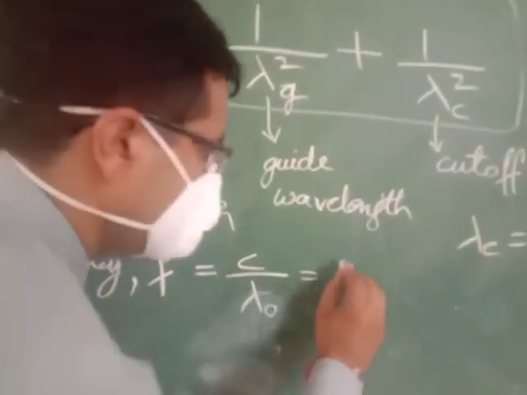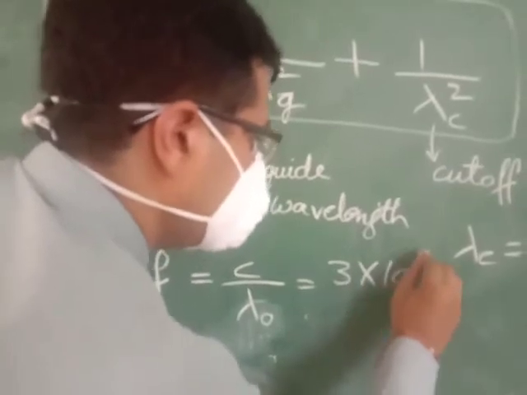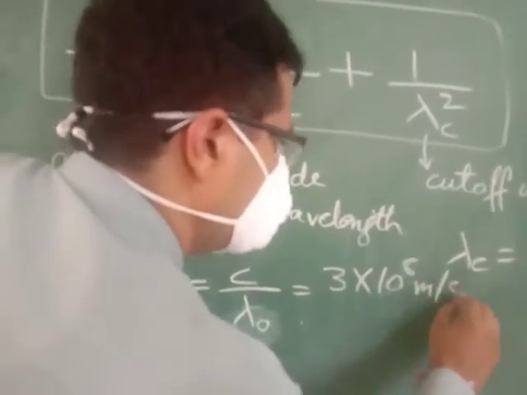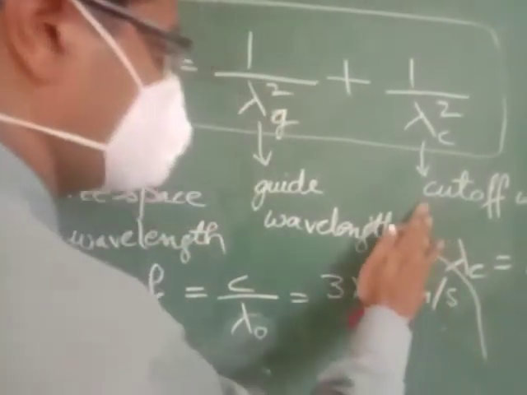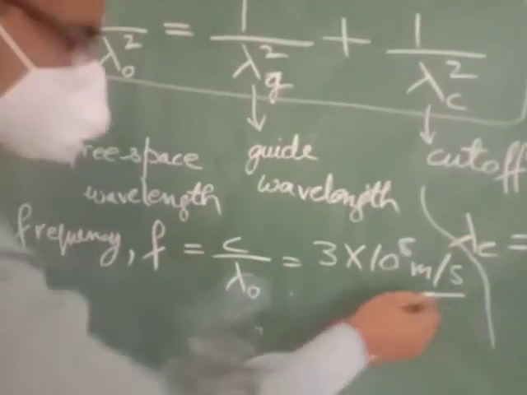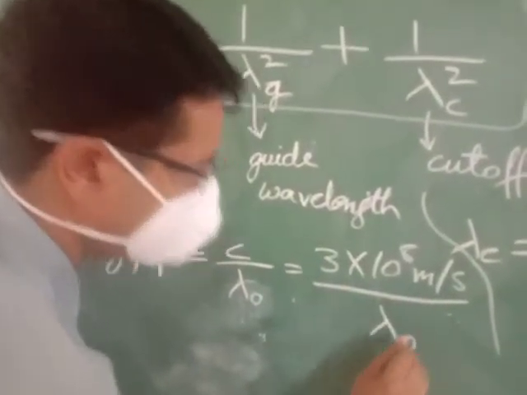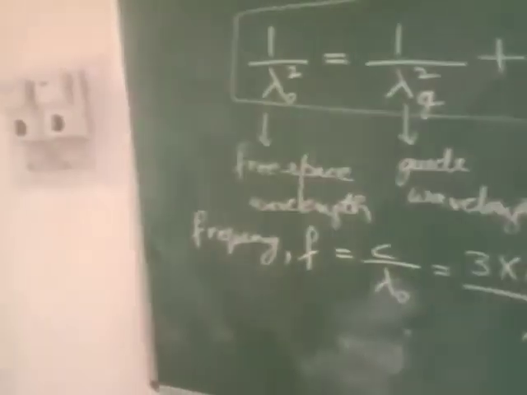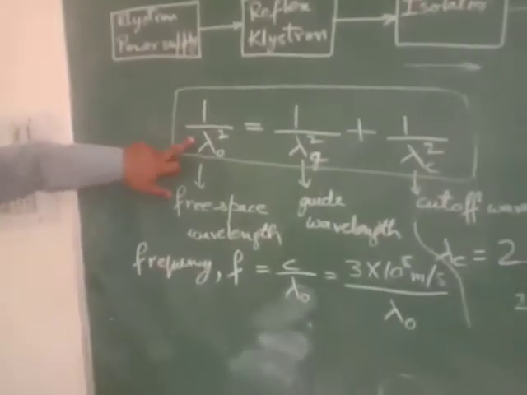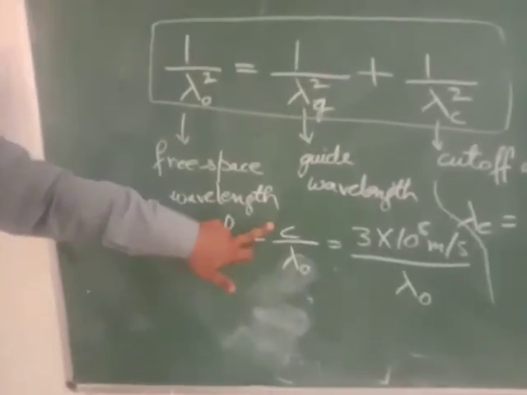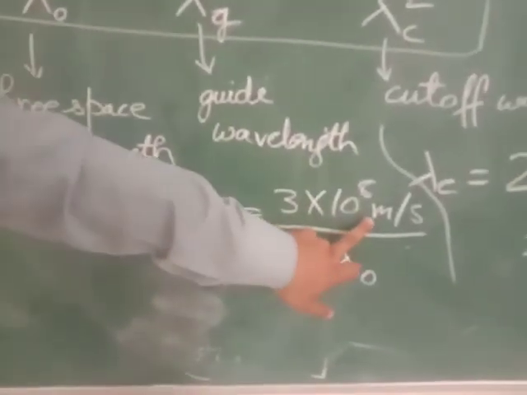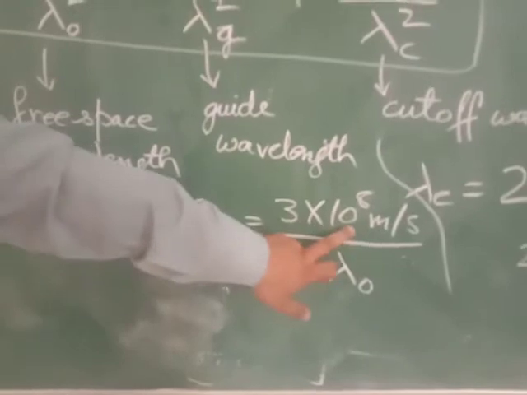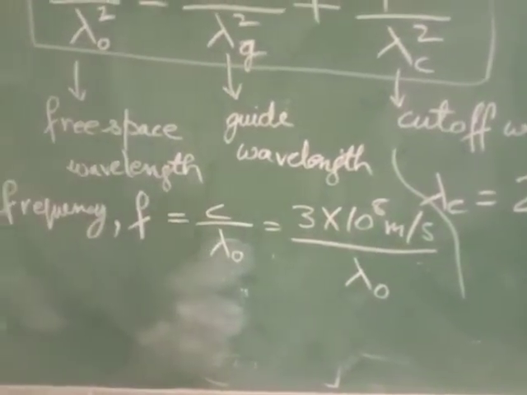C is the velocity of light, 3 into 10 raised to power 8 meter per second. If lambda naught is in centimeter, we convert the value of c to 3 into 10 raised to power 10 centimeter per second.